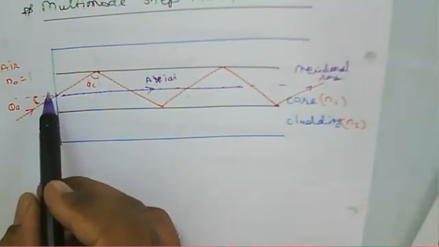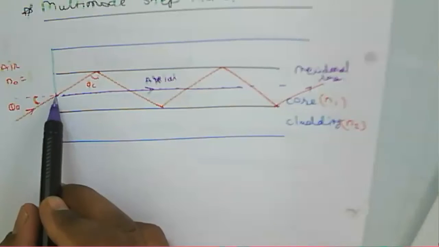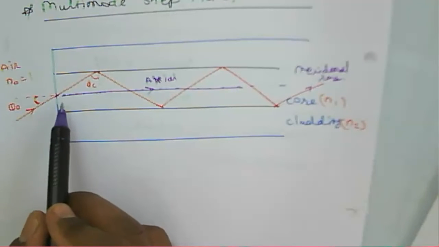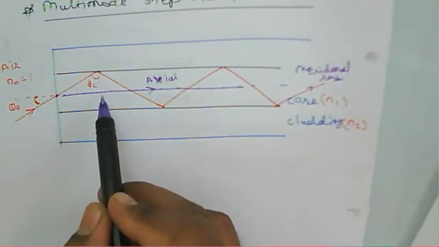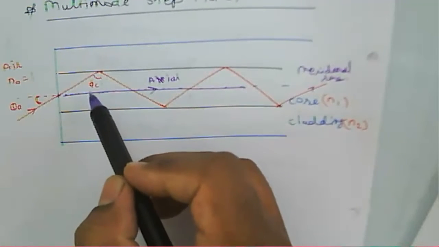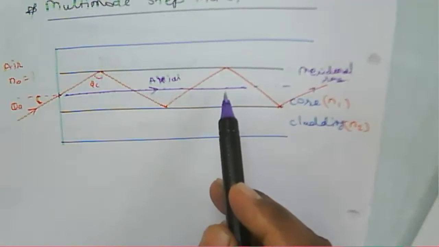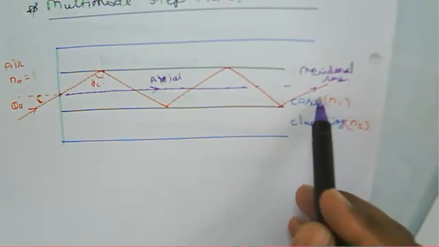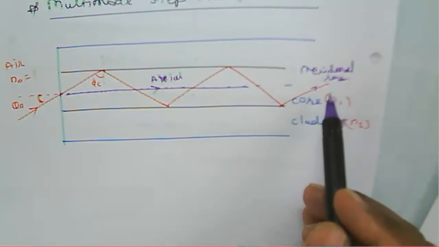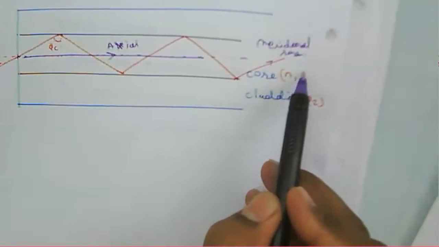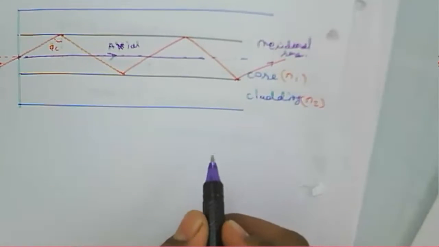If you see here, both rays travel from the input of the fiber at the same velocity and with a constant refractive index of the core. But when they reach the other end, they have some delay difference.